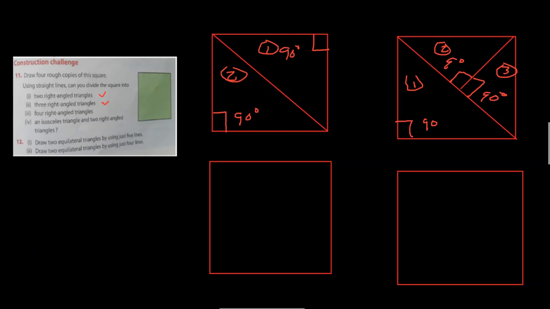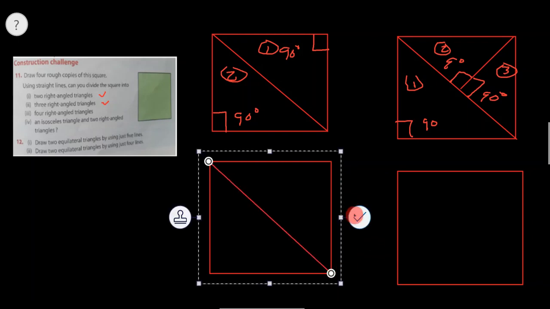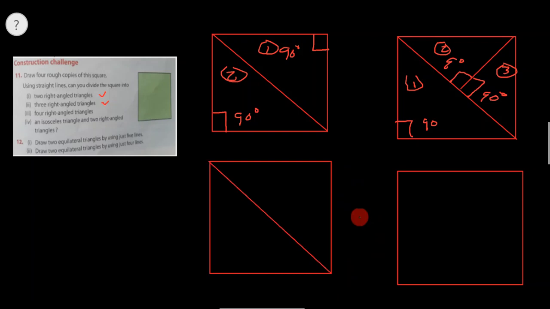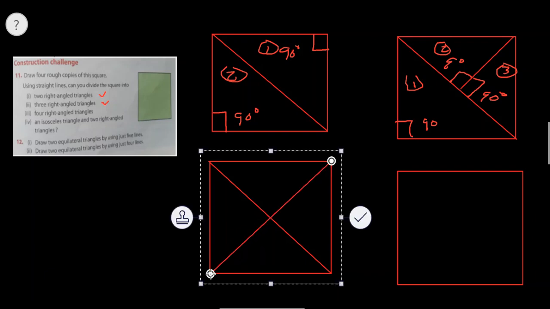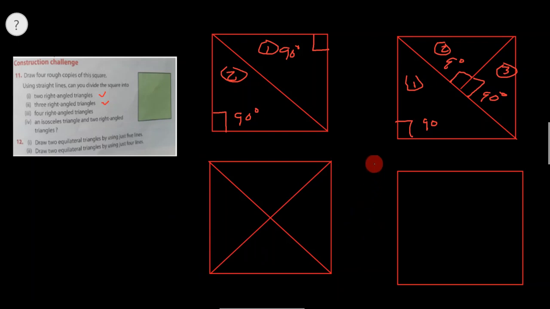Again, I think you might guess how we do that one. We can simply draw a line down here. Draw a line here. Okay, and now we've four right angle triangles.